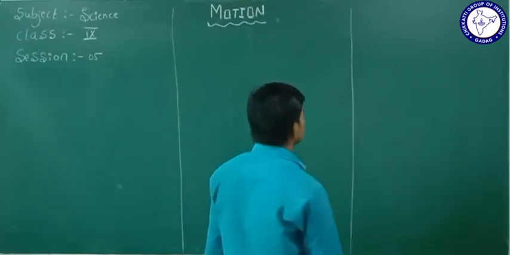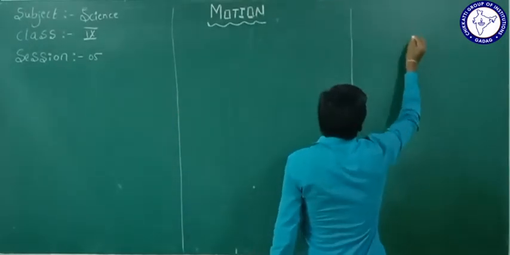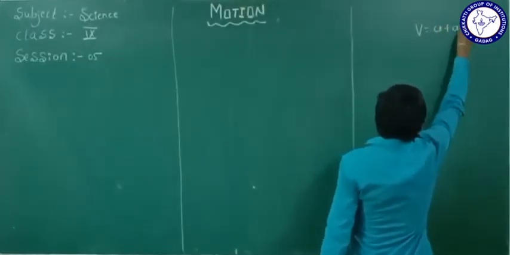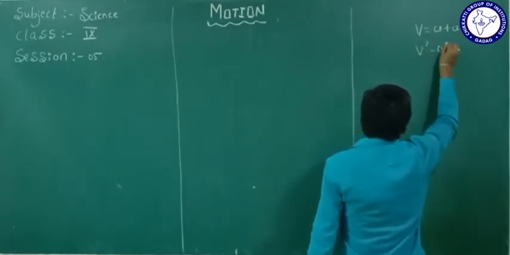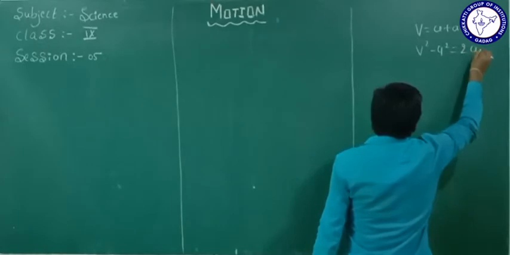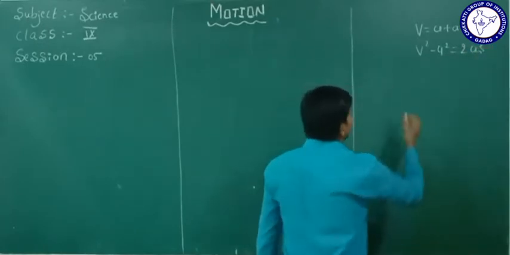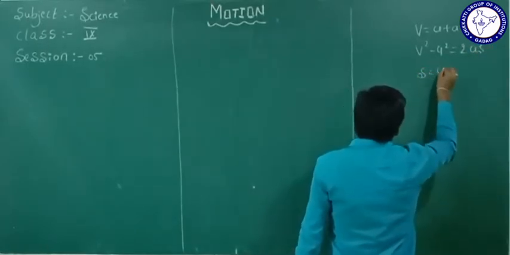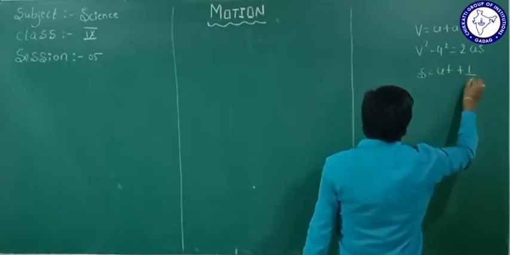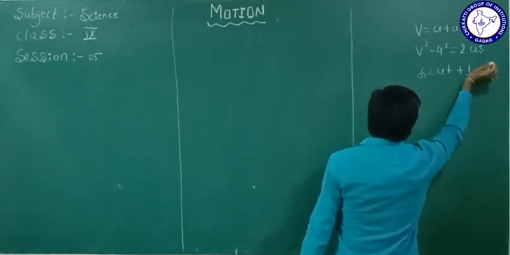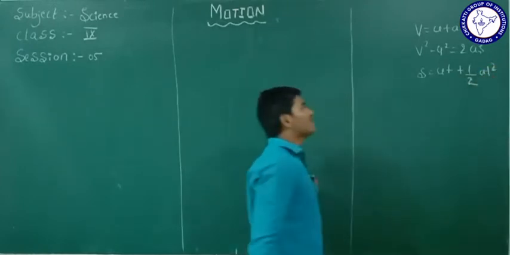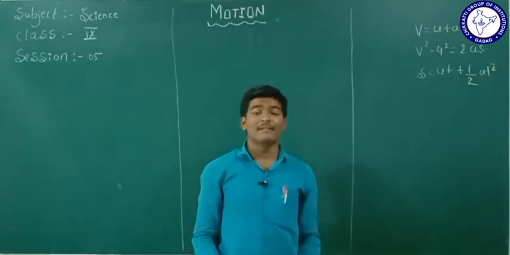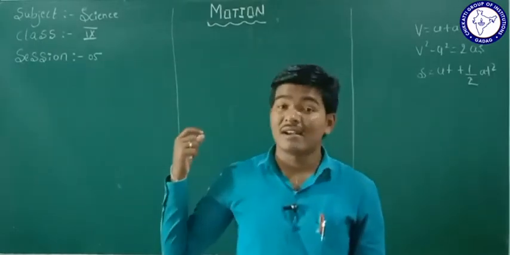Recall those expressions: one is v = u + at, another one is v² - u² = 2as, and another expression is s = ut + ½at², isn't it? These three expressions were derived in the last session by using velocity-time graphs.